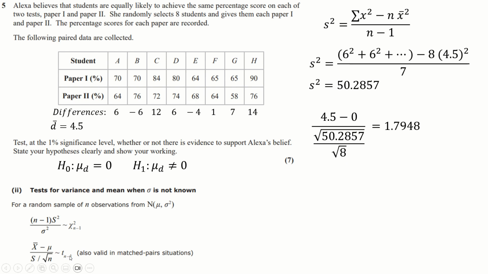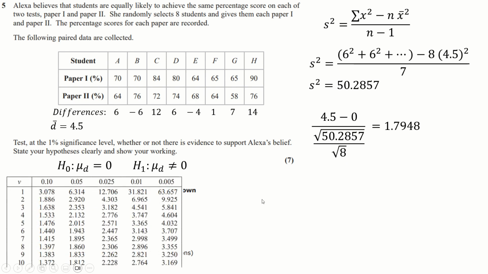So what we need to do is get out the t-distribution. So here's the t-tables, and we're going to do 1%, but it's two-tailed, so that's 0.005, I believe, for a value of 7, because 8 minus 1 is 7, and that's this value here. Sorry, this is just what happens when you type this into a calculator.